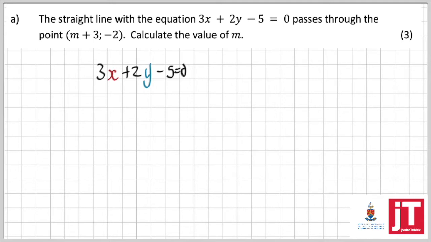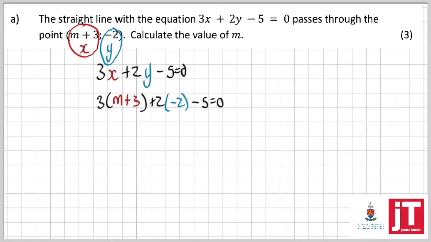Remember, if you've got a question like this, I can just take the x value of the coordinates and substitute it in. Same with the y value, and the left must be equal to the right. In other words, I'm going to make x m plus 3, and I'm going to make y negative 2.